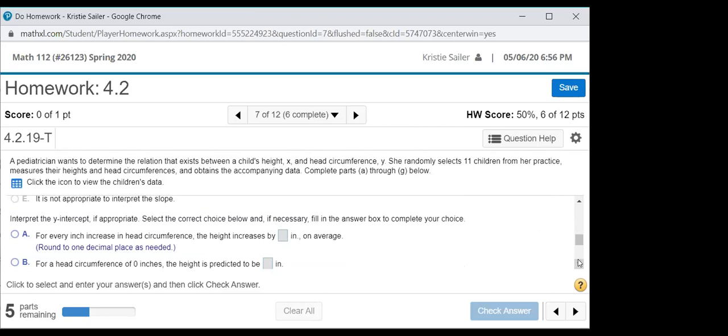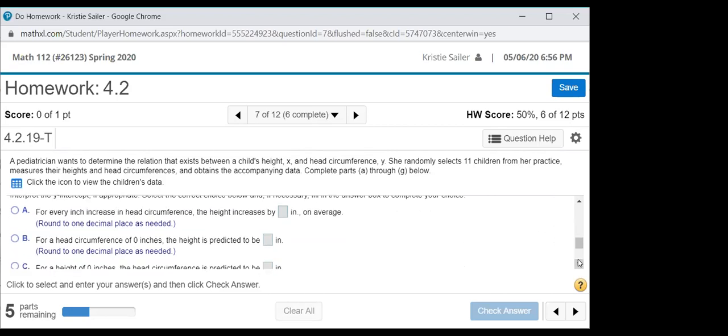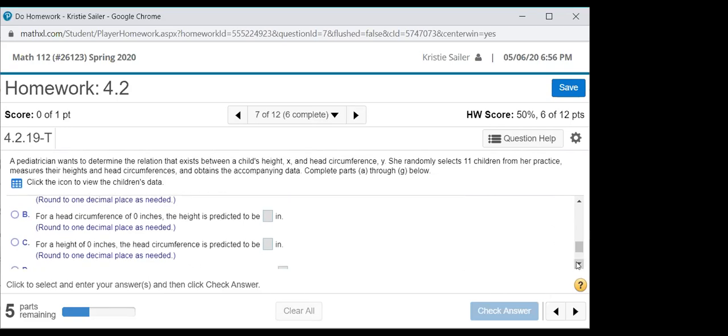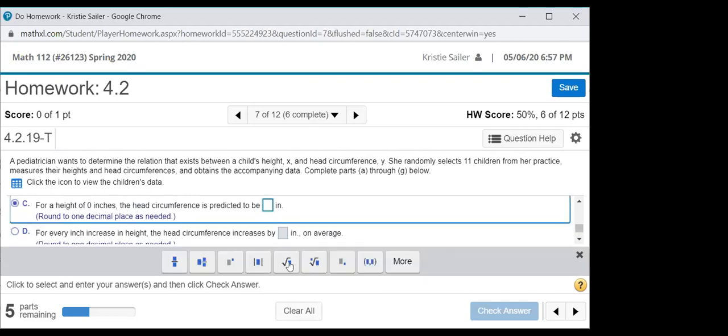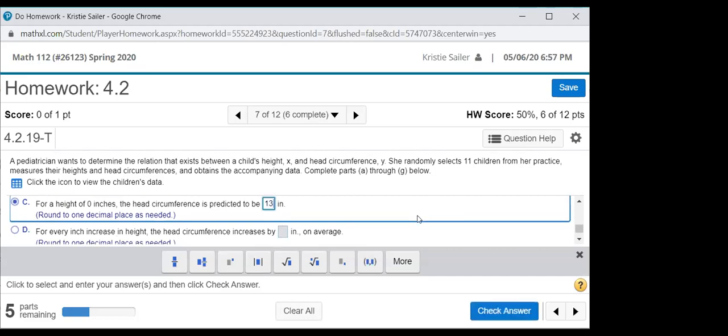Yeah, this chapter is the main reason algebra is a prereq for this course, because it's all about the slope and the y-intercept. For a height of 0, because x is height, the head circumference is predicted to be 13.6 inches, to 1 decimal.